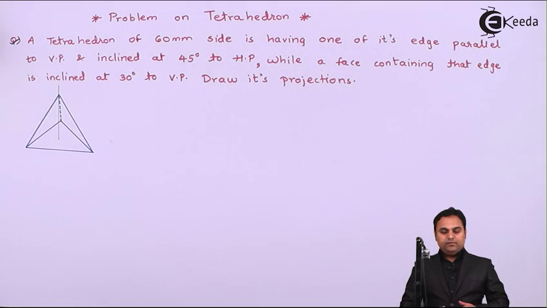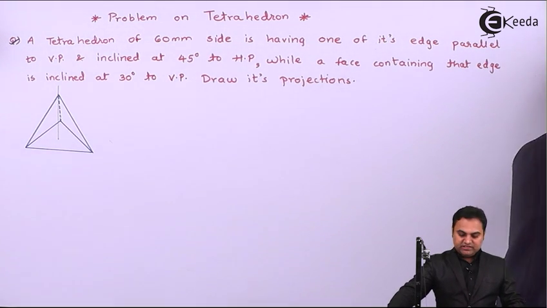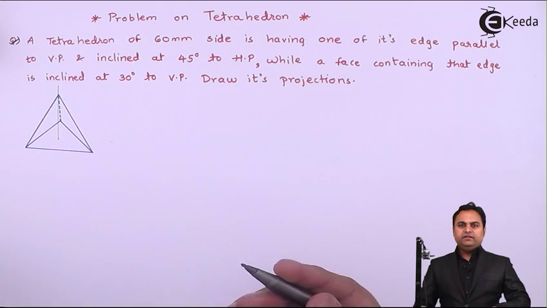So here we have a diagram of a tetrahedron, which is a solid in which all the faces are in the form of equilateral triangles.